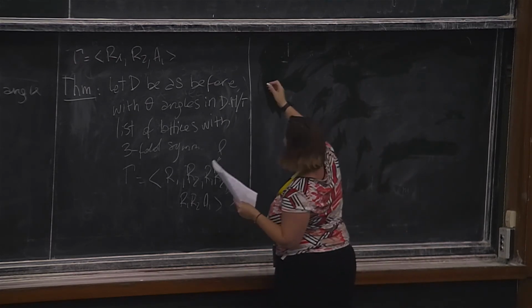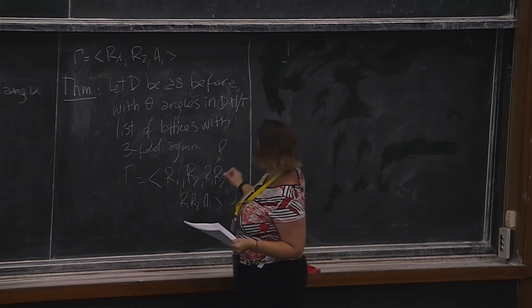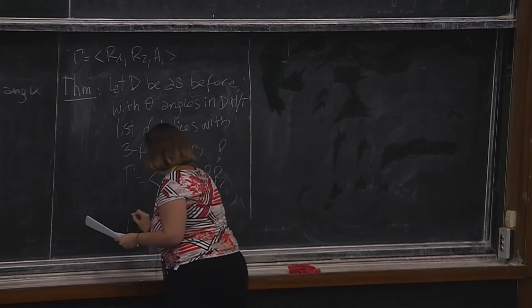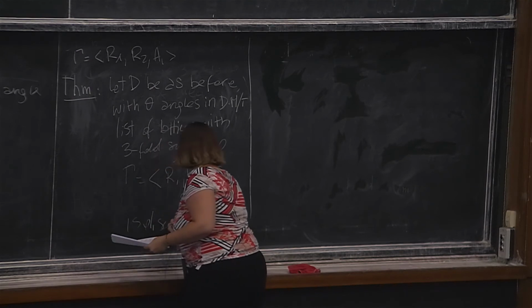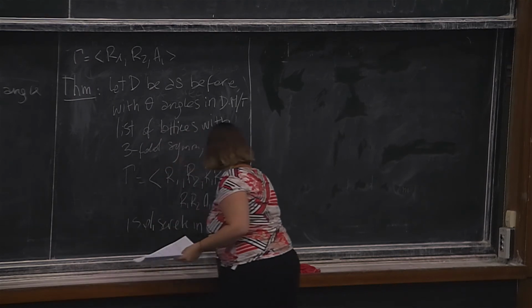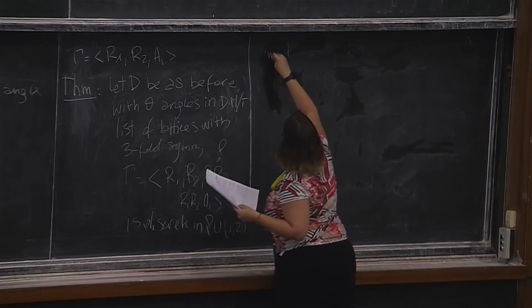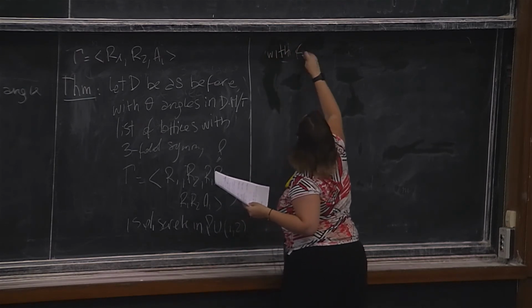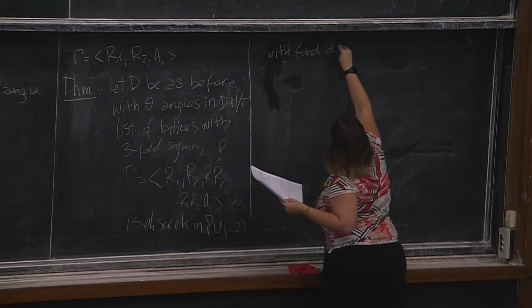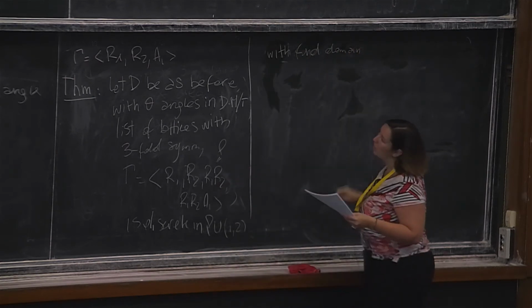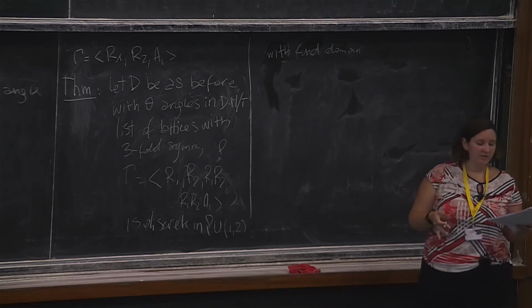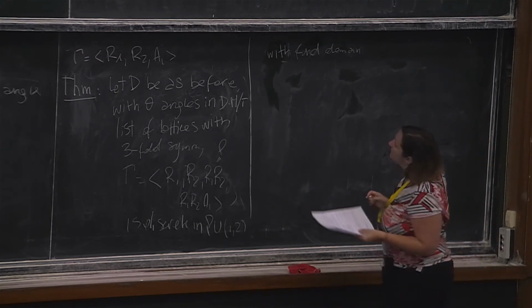Well, then gamma is discrete in PU(1,2), and it has a fundamental domain. Well, not quite D, but a certain modification of D.